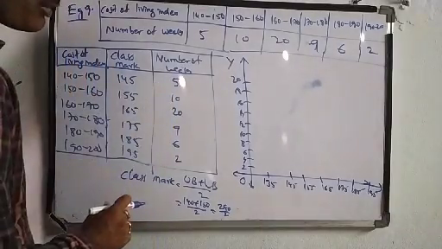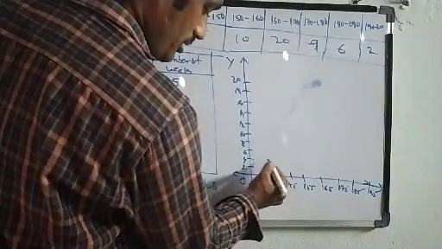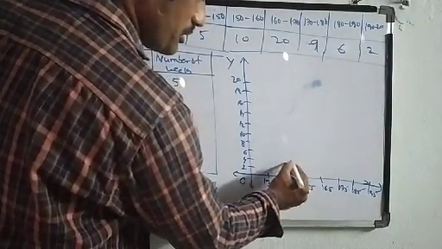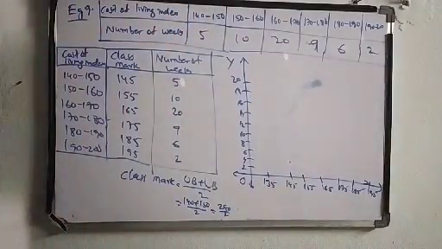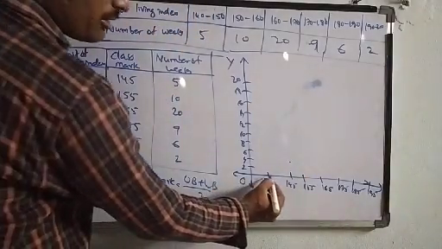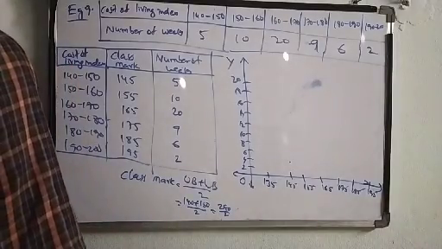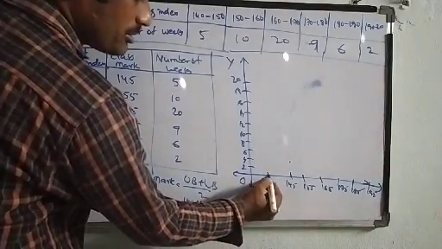So first 135, then 145. 145 is given as 5. So here is 5. First we have to make a point here. This is the first point, and let it be this one.